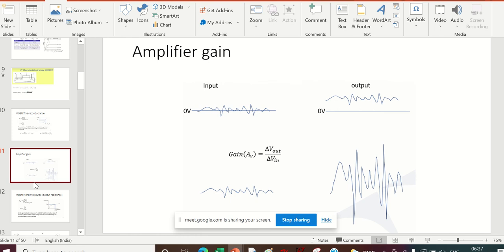Why? Because whatever signal we get will have lots of noise present. We want to amplify it so that we can get our actual signal in a better form.